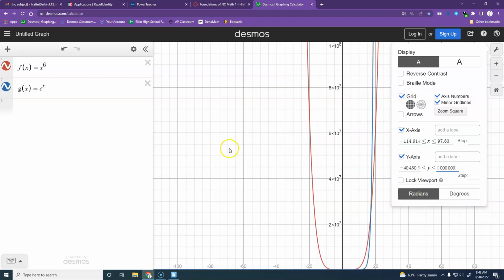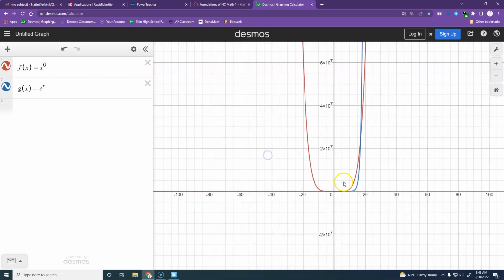Okay, so I had to zoom out really far. But this red graph right here, that is my x to the 6th. Right? The blue graph is e to the x.